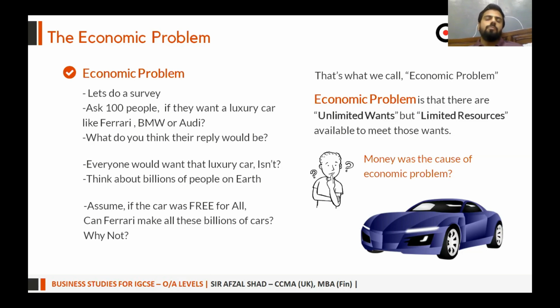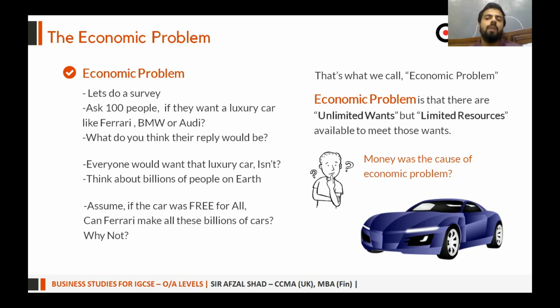Whenever students attempt these types of questions, specifically about the economic problem, if the question says, what is the economic problem and what is the exact cause of this problem, most people say the economic problem is unlimited wants versus limited resources available. And the cause of the economic problem, they say, is money, because people don't have the money.